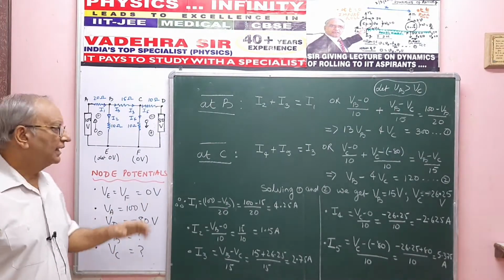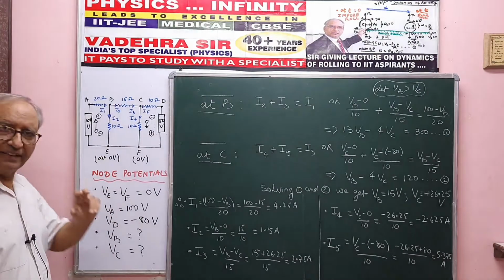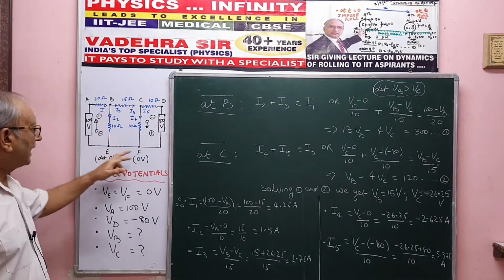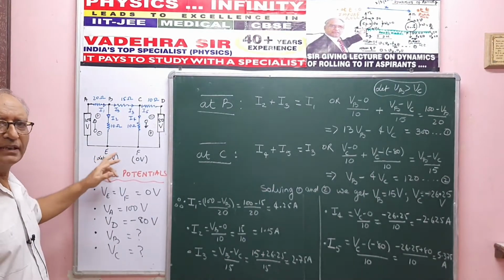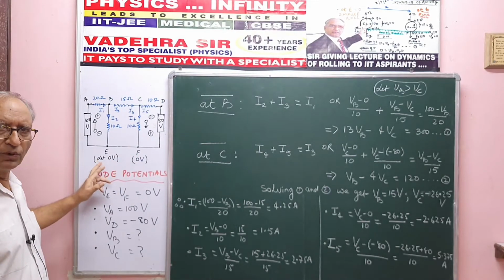For example, in this circuit I have assumed E and F. They are at 0 volt. So the node E and the node F are at 0 volt.